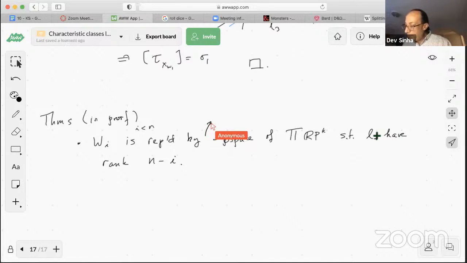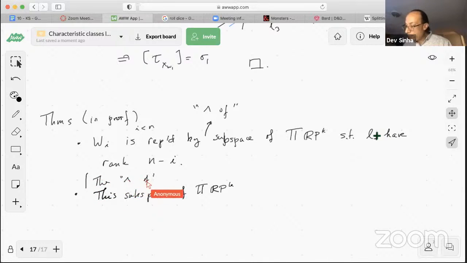Let's really say it's going to be the hat of that subspace. So there's going to be a smooth object sitting above it. And then this subspace of a product of RP infinities, RPKs, and the smooth resolution of this subspace represents sigma i in cohomology.